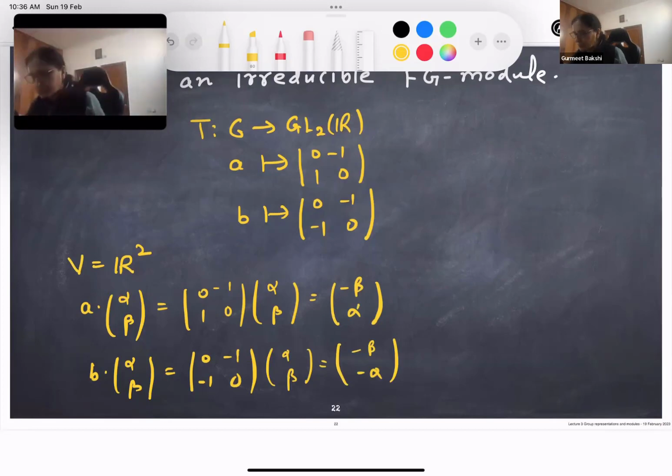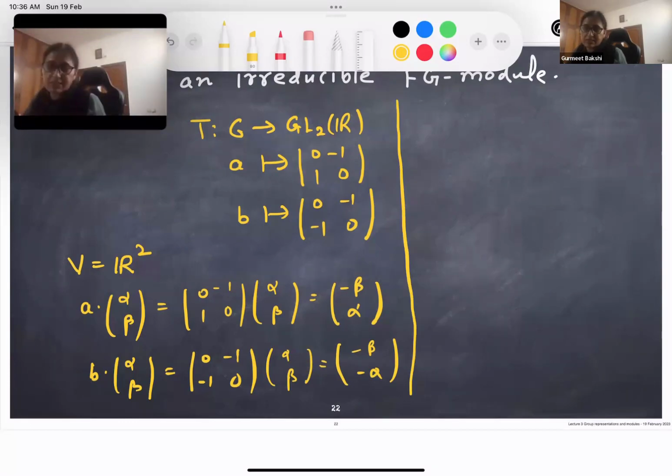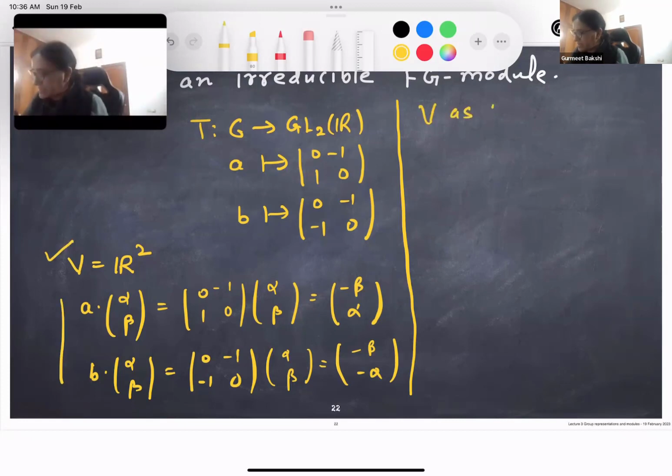Now let us try to see that this representation of D4 is irreducible by looking at the corresponding module. Your V will be R2, and this is how it is regarded as an RG module. Now V as an RG module is irreducible.